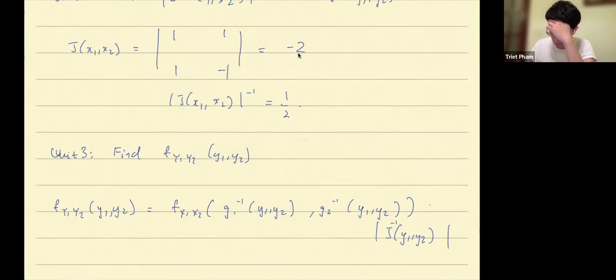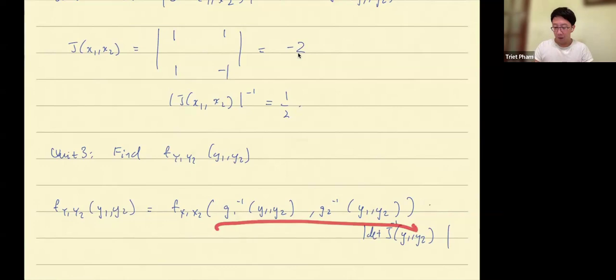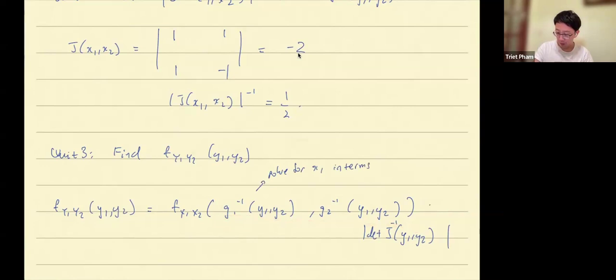So again, take whatever formula you want, right? And there's some reason why this is not preferred, because it has more notation, blah, blah, blah. But what this means is that you solve for x1 in terms of y1, y2.